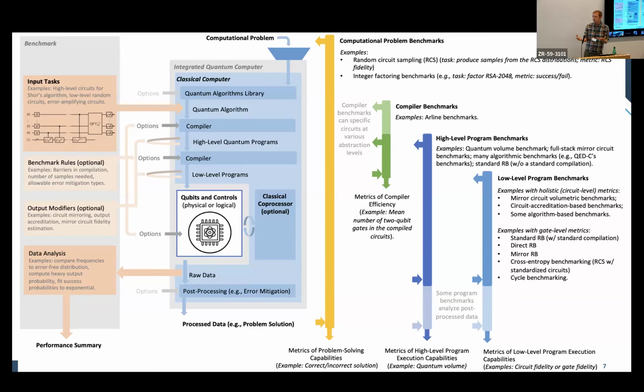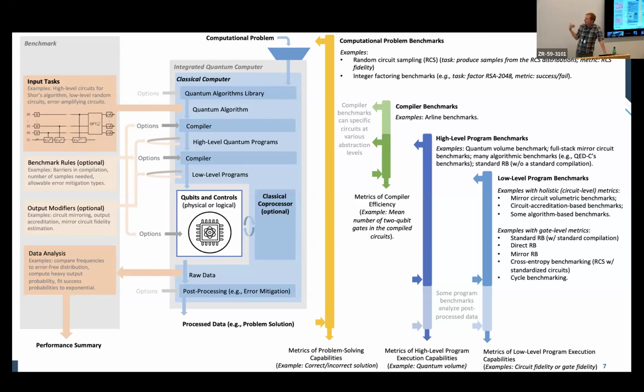There's quantum algorithms that you may want to consider. Then you have to compile that algorithm for your specific piece of hardware. You may have a compiler that breaks it up into fairly high level operations, which you then need to break into lower level operations. And finally, those get turned into pulses that get applied to your quantum computer.